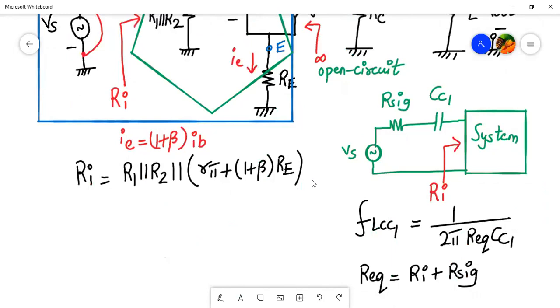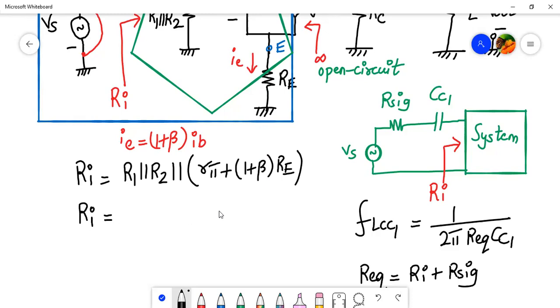Now we have less time, so I am directly giving you the value of Ri. If you plug in the values, you will get an answer close to 1.816 kiloohms.